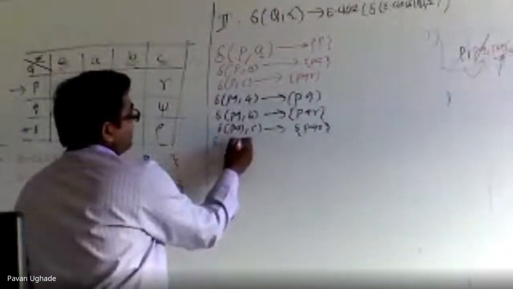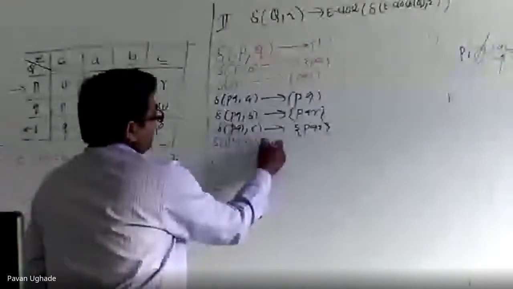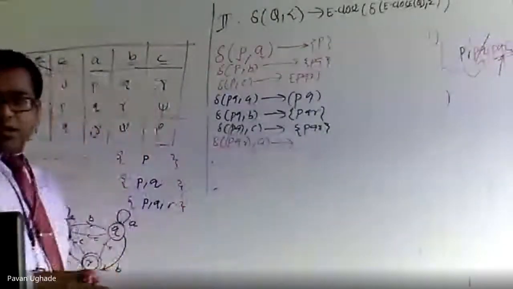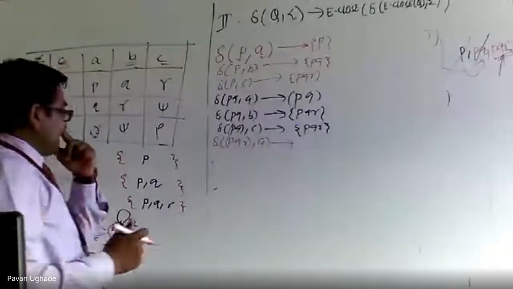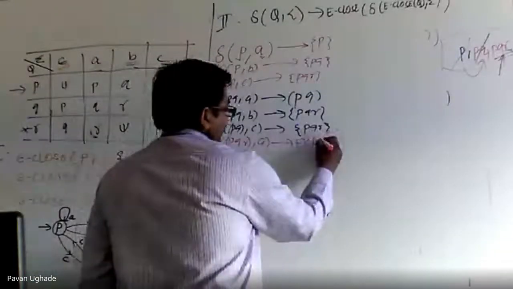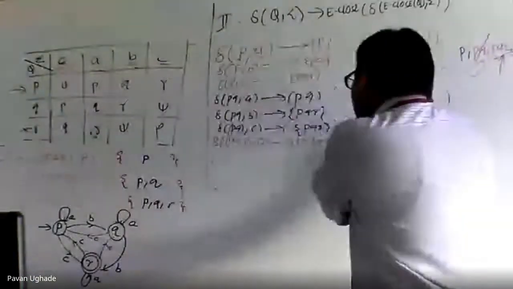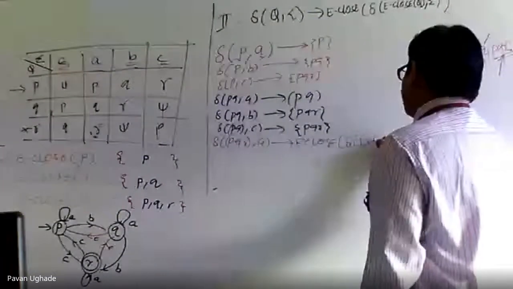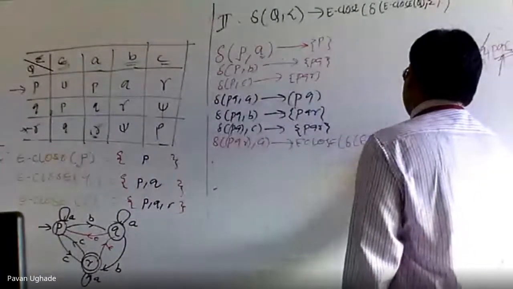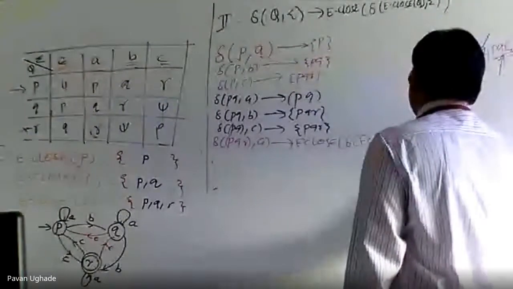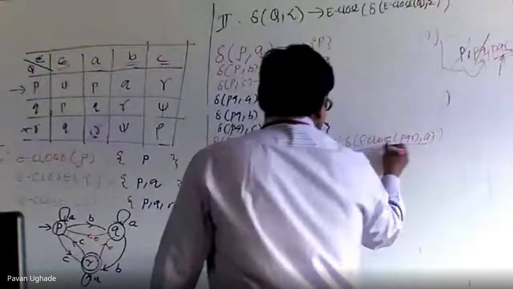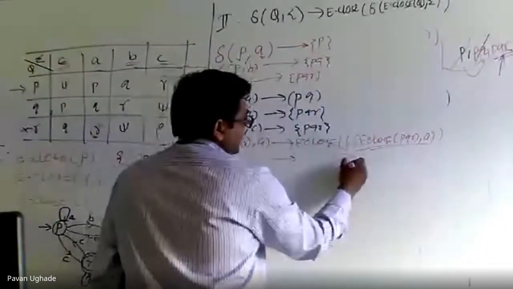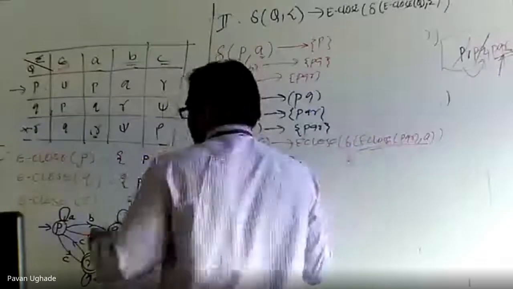We will talk once again about the transition function of PQR over A. Apply the same thing and come back with the results first. Epsilon closure of transition function of epsilon closure of PQR, comma A. What is the epsilon closure of PQR?